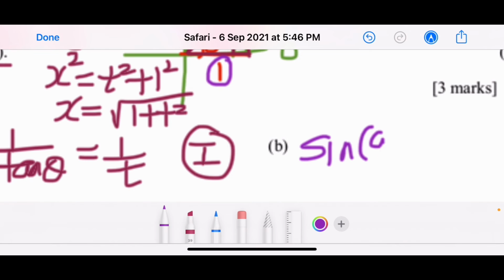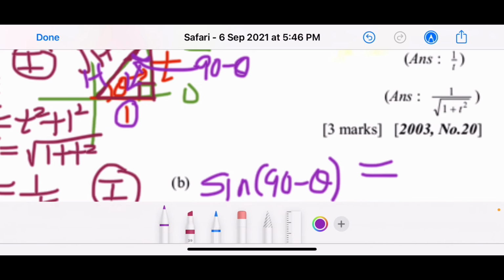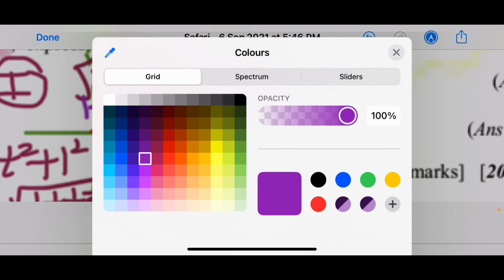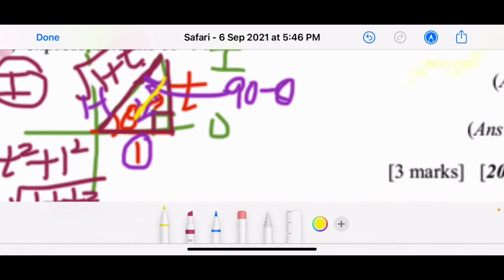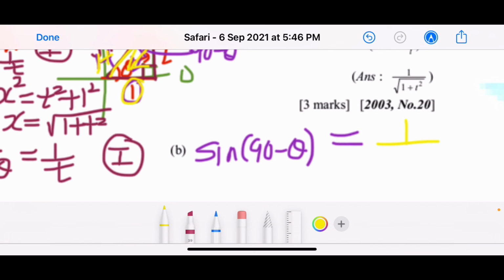Sine 90 minus theta is equal to, remember the arrow is very important. Let me highlight to you the arrow. I'm drawing the arrow pointing to 1 over the hypotenuse, which is here. This is the hypotenuse, so it's 1 over the square root of 1 plus t squared, and it is positive.